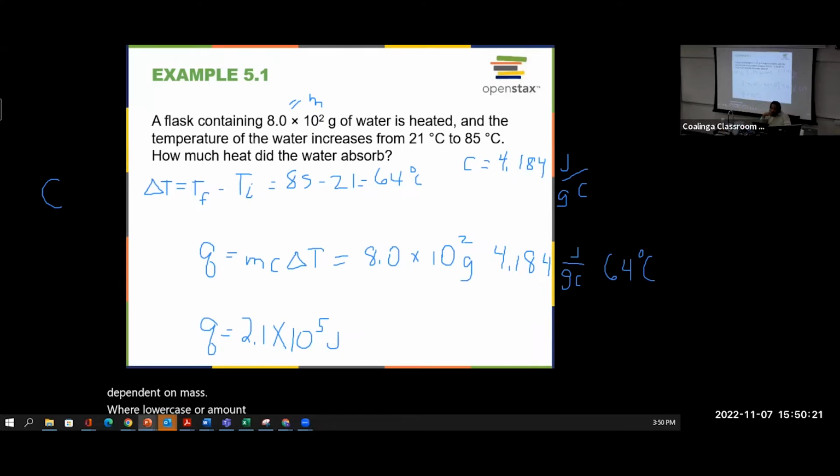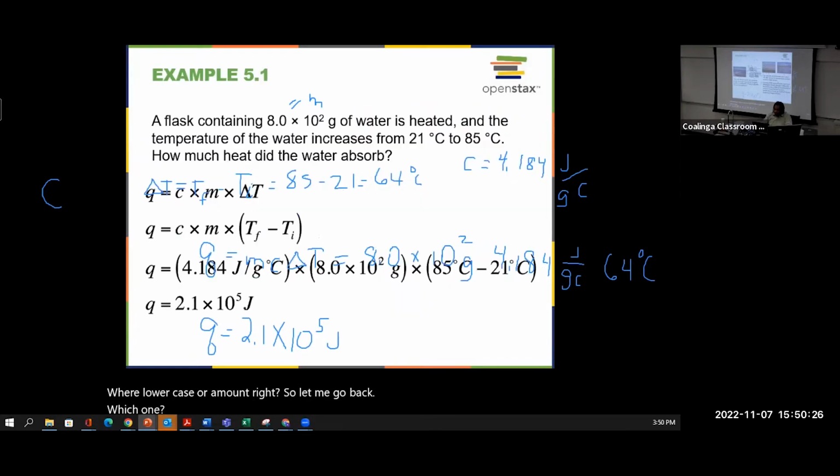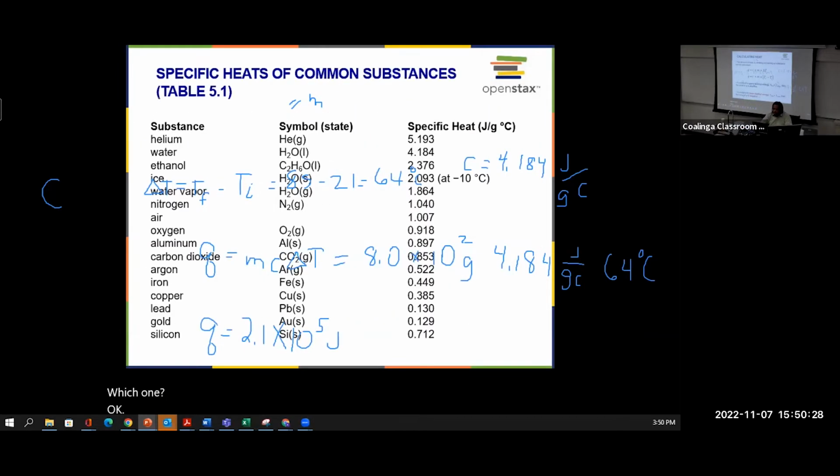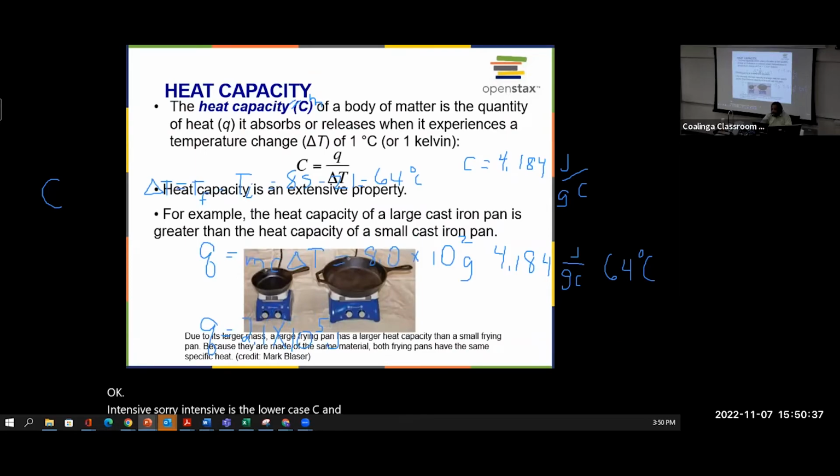So let me go back. Which one's extensive and which one's intensive? Intensive is the lowercase c, and extensive is the capital C. Extensive basically means it's dependent on how much you have.